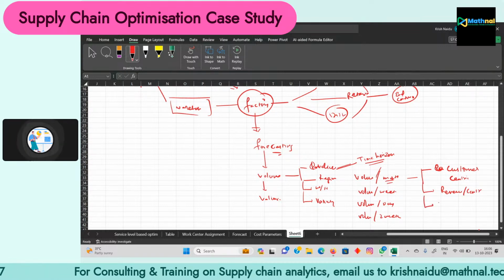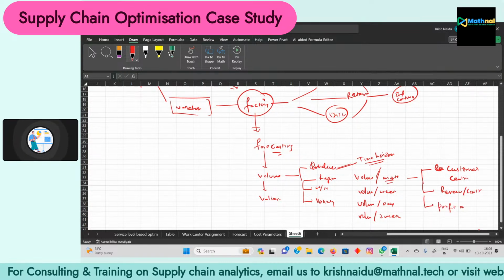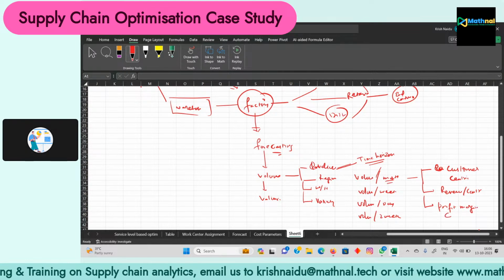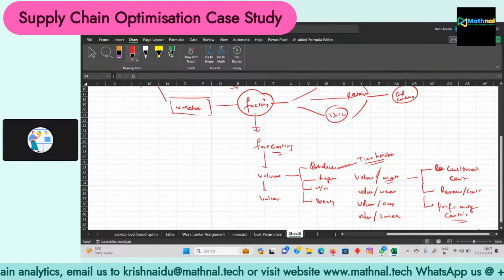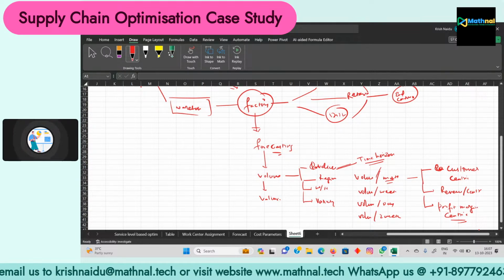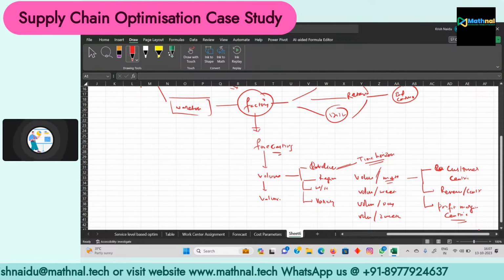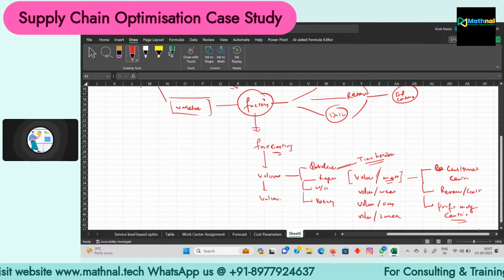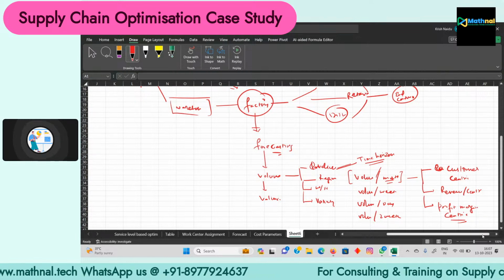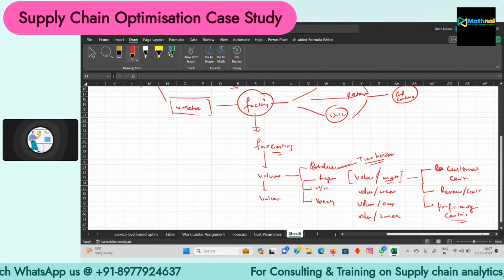You need to make it profit margin centric. So if you want to make it customer centric, revenue centric, or profit margin centric, we need to define our forecast by time.